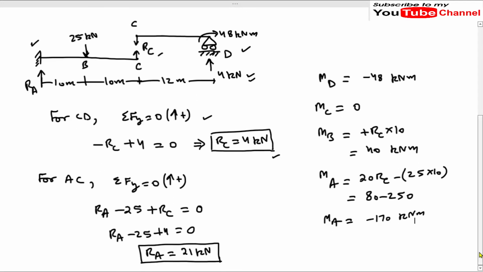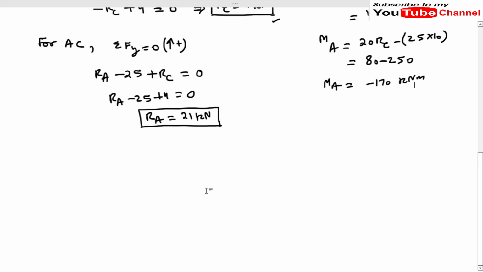Now we have got the bending moment values at different points, so we can draw the bending moment diagram for the given beam. This is our reference line, this is A, this is B, this is C. At A we have minus 170 and at B we have 40, so this line will go like this. This is 170, this is 40 kilonewton meter.